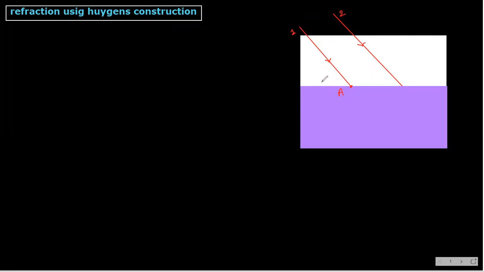This is 2. Okay, and now this light will refract like this towards the normal. So this angle is theta 1, this angle is theta 2. Okay, theta 1 and theta 2.